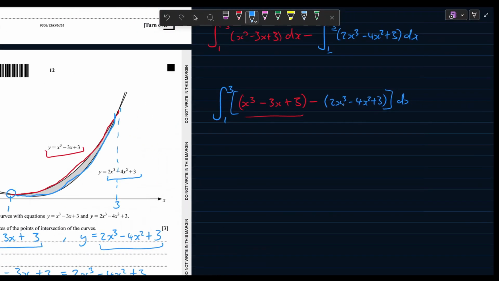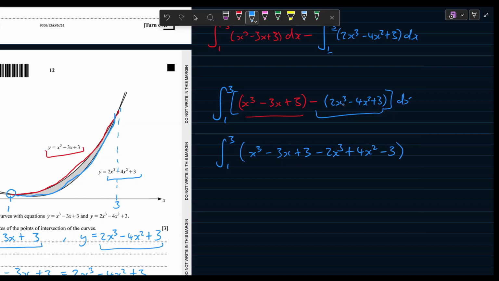So here, let's simplify. If we expand this bracket, we're going to have the integral from 1 to 3 of x cubed minus 3x plus 3 minus 2x cubed, so plus 4x squared, minus 3.